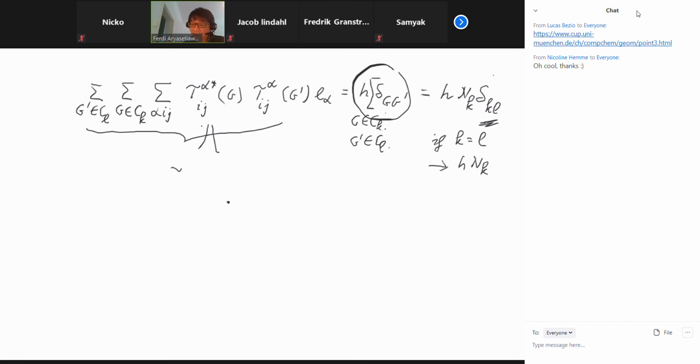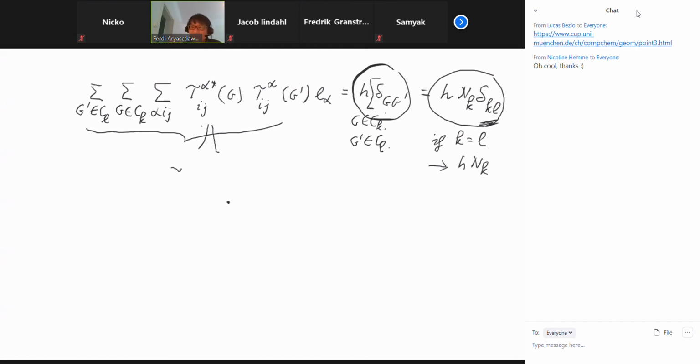In here, you mean? Yeah. Yes, I have the sums. The point is that I have the sums over the G and the G prime, right? So if K is not equal to L, so say these two classes are different, then it is 0, because G will never be equal to G prime.